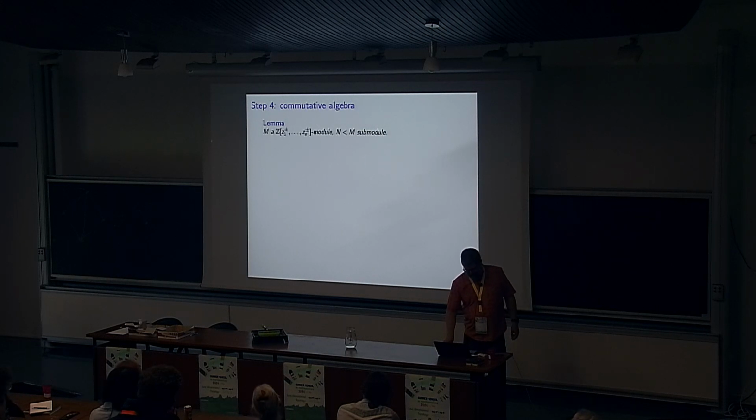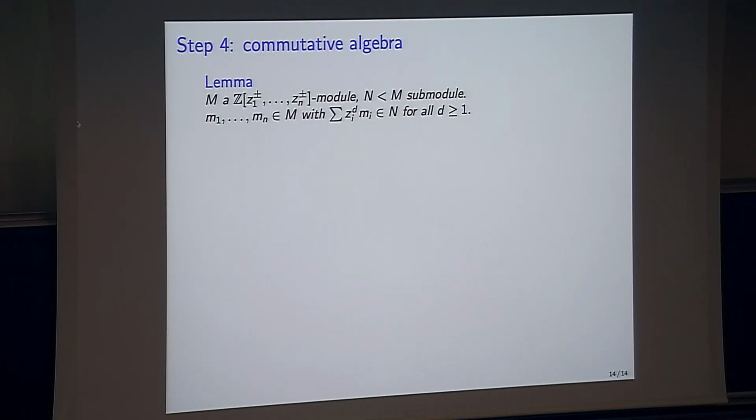If you have a module M over the ring of integer Laurent polynomials in n variables, and you have a submodule N, and you have elements m1 through mn inside M, such that the sum of z_i to the d times m_i is in N for all d at least 1, then in fact the sum of the m_i is inside N. This is all you need to prove, right? In fact, you can prove this directly by using identities between power sums and stuff like that. But I'm not good with classical commutative algebra, so I'm going to do somehow non-classical commutative algebra.